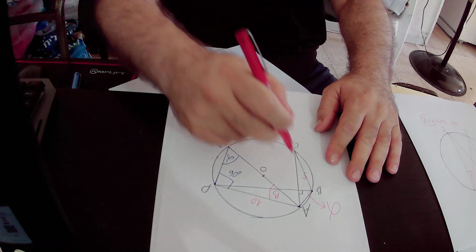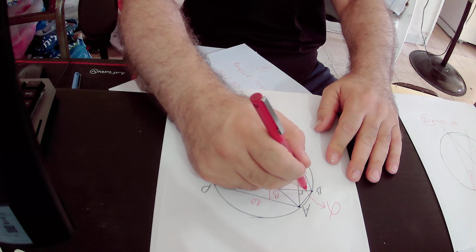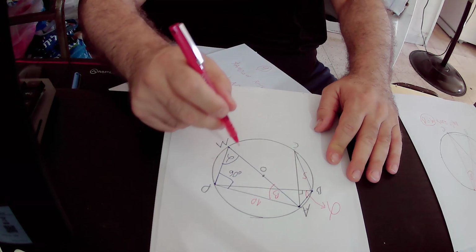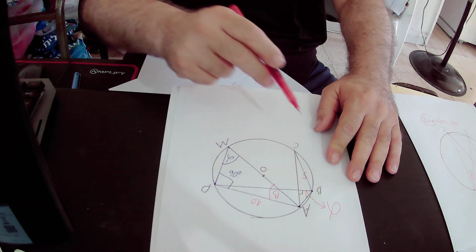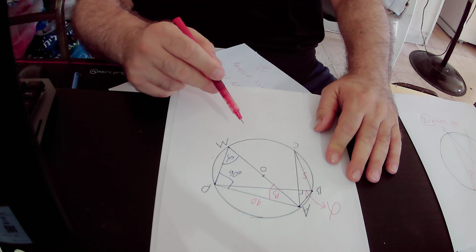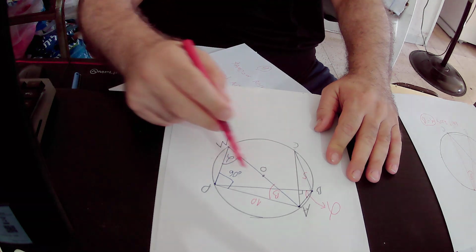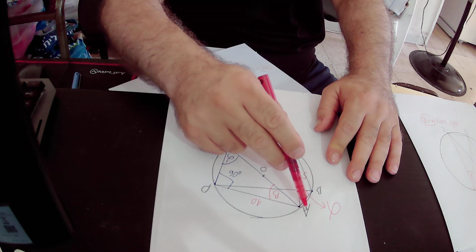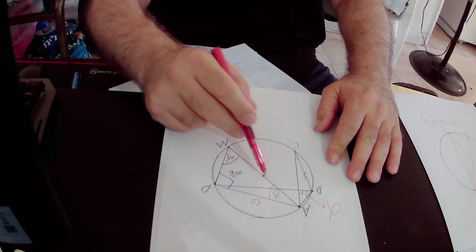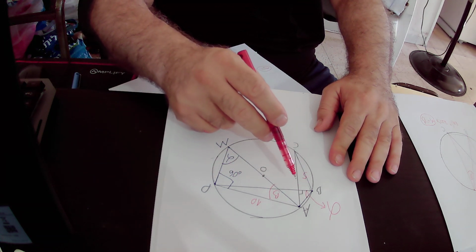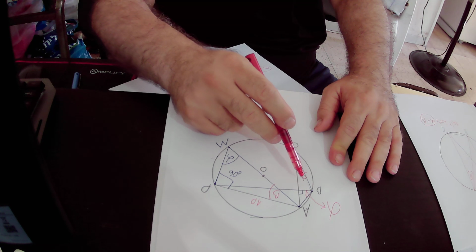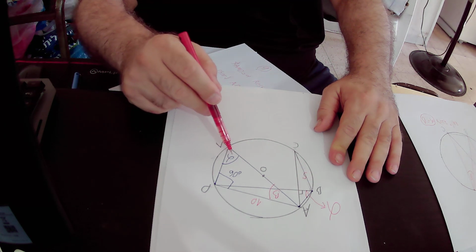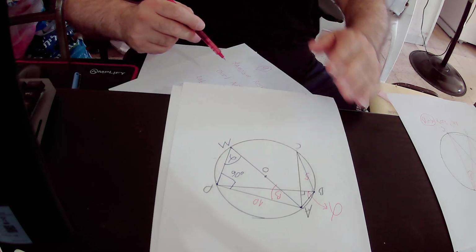This angle ABD also equals angle alpha because angle ABD rests on chord AD and angle alpha rests on the same chord AD. So according to rule number 2, they are equal to each other.